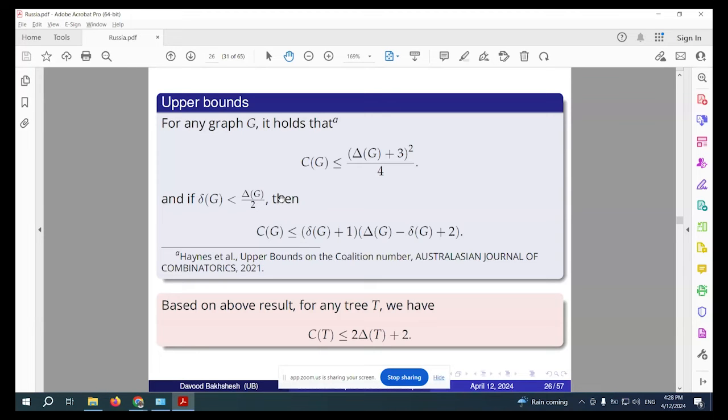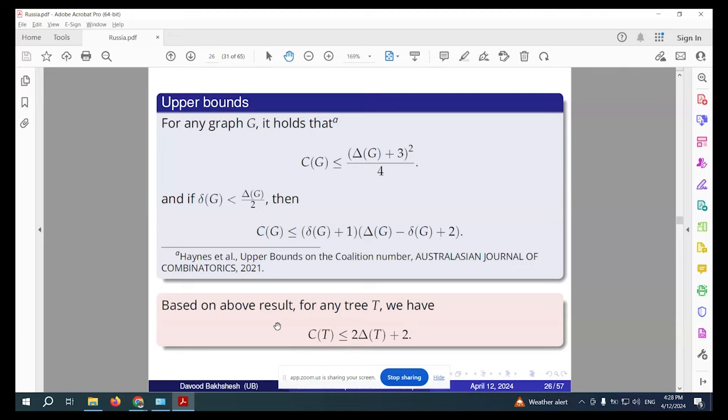And if delta(G), the small delta, is less than Delta over 2, then C(G) is at most the product of (delta(G) + 1) and (Delta(G) minus delta(G) + 2). Now, in this formula, suppose that G is a tree. Since delta for a tree is equal to 1, we obtain this result: the coalition number of a tree T is at most 2 Delta(T) plus 2.